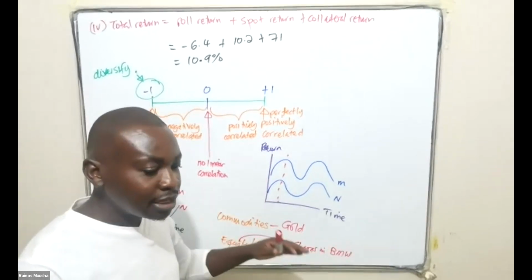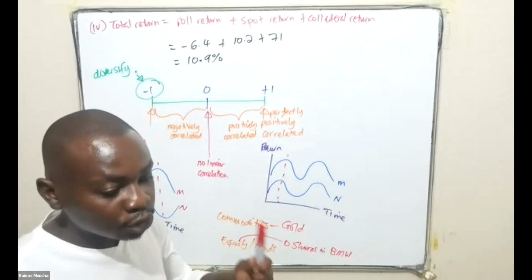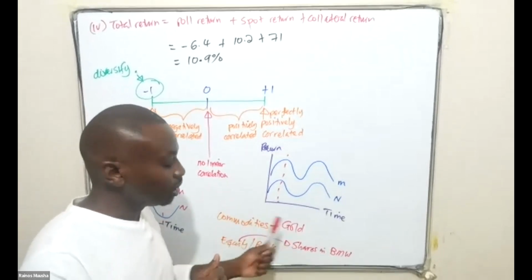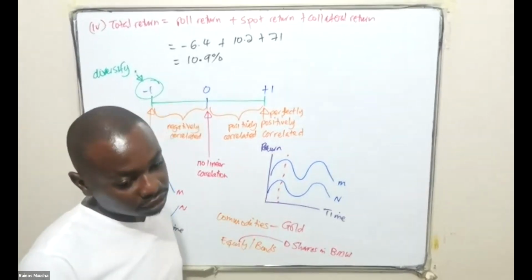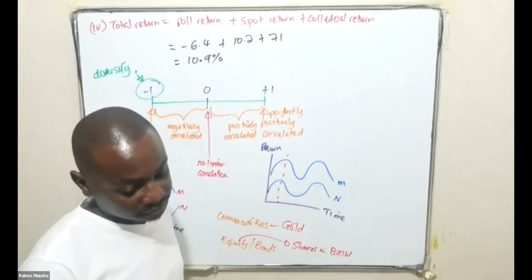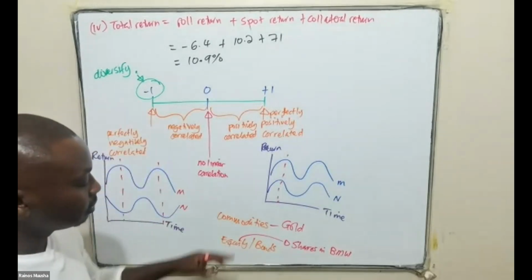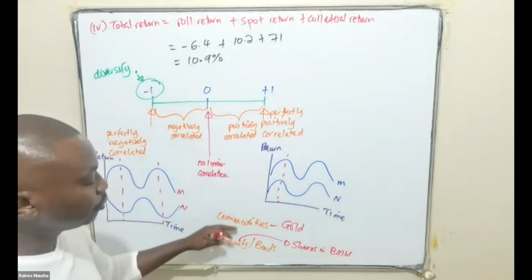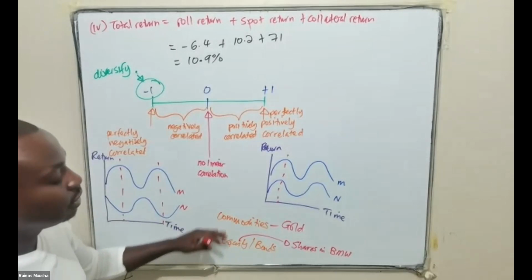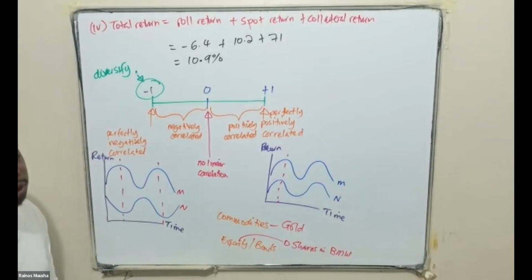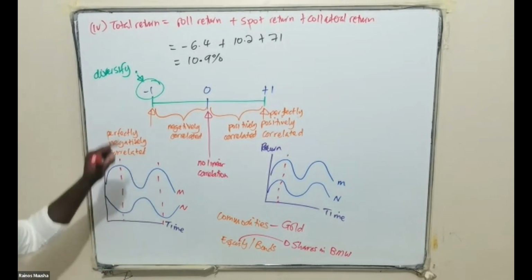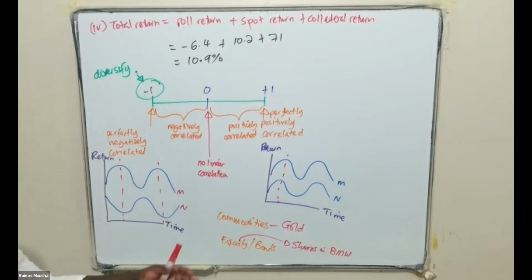But when the economy starts getting shaky, they start investing more in gold, which is a commodity. So because of this, the correlation coefficient between typical equities and typical commodities is usually very low. Hence, you are able to diversify your portfolio if you invest in both these types of investments.